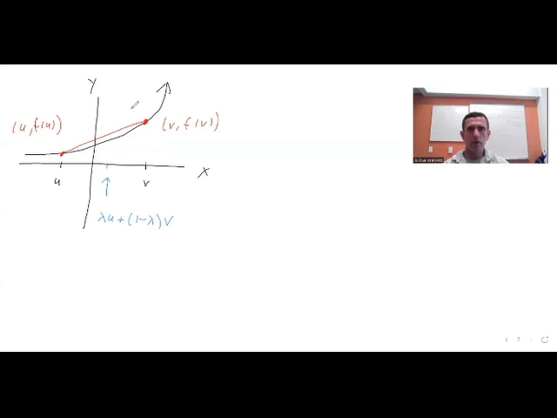Okay, so this point here, you can check. Well, this is the x value, of course. Yeah, this is going to be a little hard to fit. So here's what I'll do. The x value here is this right here.